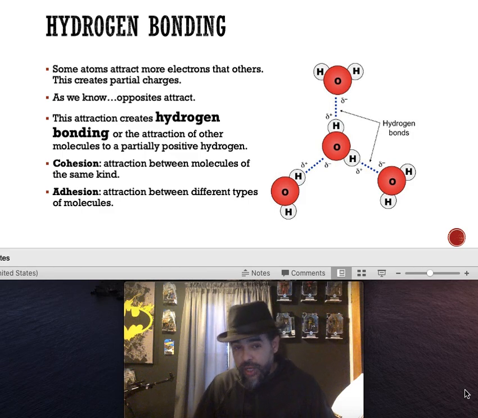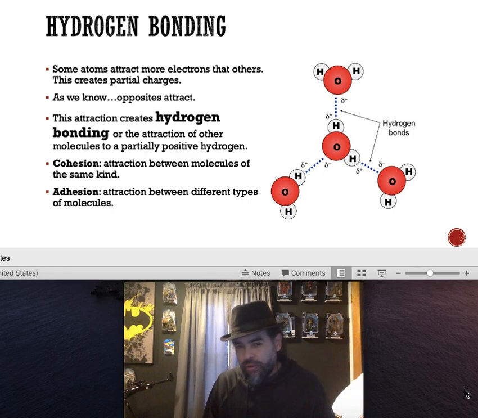For example, cohesion, it's when water molecules can stick to one another. And cohesion gives water the ability to have surface tension, which will be important in the process of homeostasis that we will discuss later on. That also gives water the ability of being adhesive, or the ability of water to stick onto walls of a container.